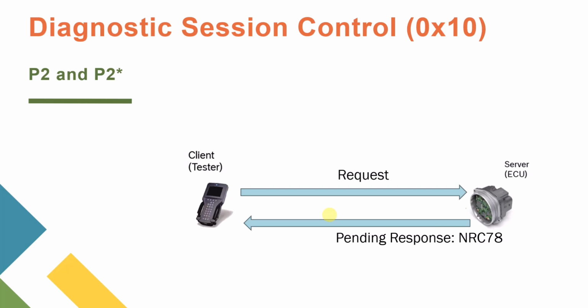Till that timing, we will be receiving this NRC 78. Once that has lapsed, we call that timing P2 star. Generally, once that P2 star also lapses, the server may throw a general reject for that particular request. These are the P2 and P2 star timing parameters.